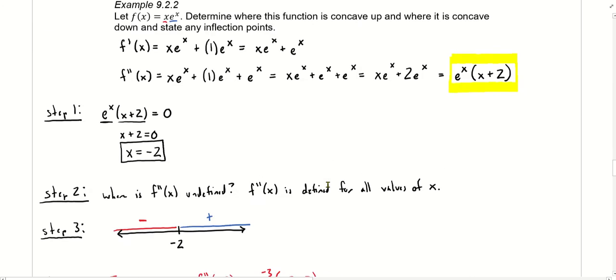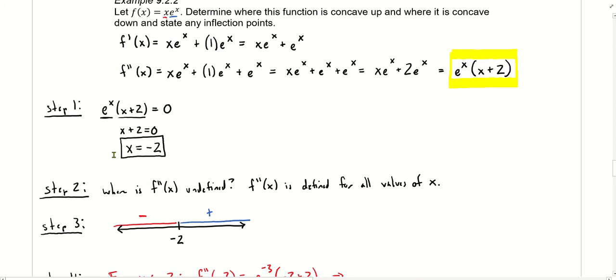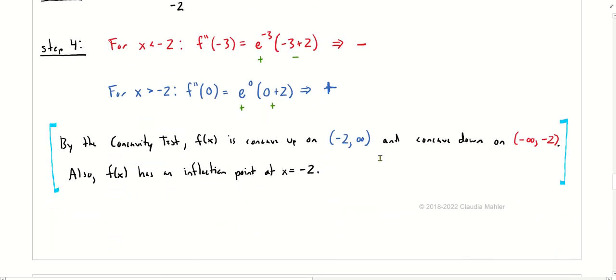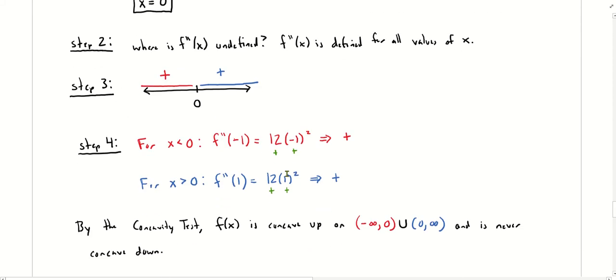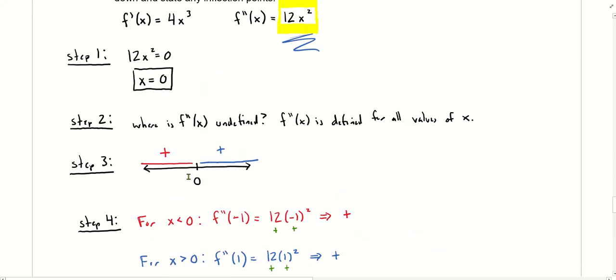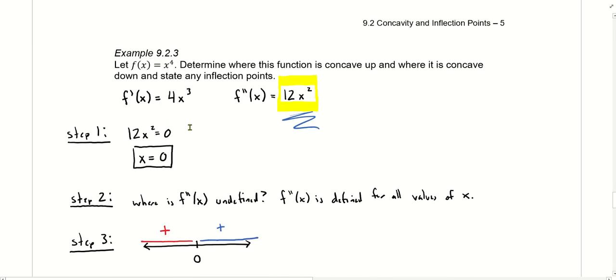And what we did here, and this is part of what step 1 is for, is step 1 showed us where that second derivative is 0. It happens at 0. Sorry, I was looking at the wrong example, that's where we said our second derivative is equal to 0.